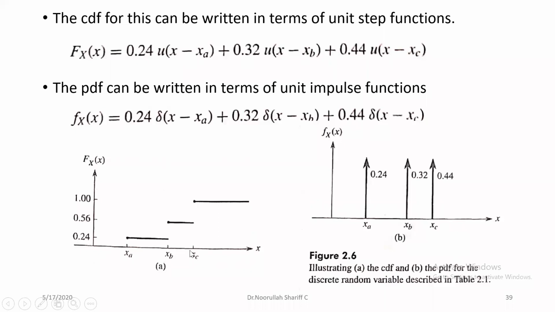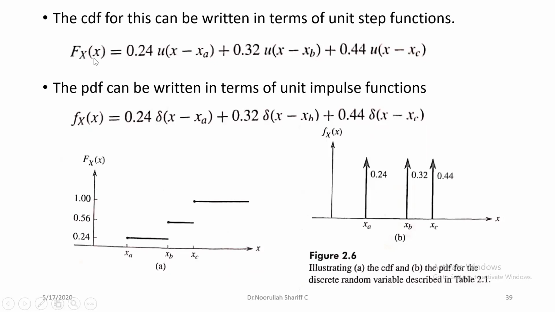Between xa and xb, we will have only the first term as 1, but the other two will be zeros. So at that time, you will have the value of Fx(x) equal to 0.24 between xa and xb.